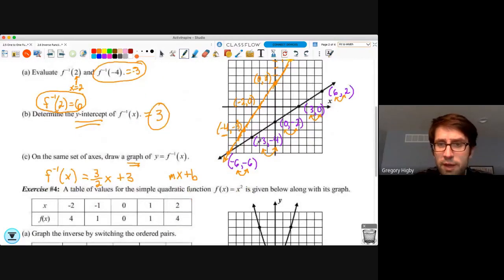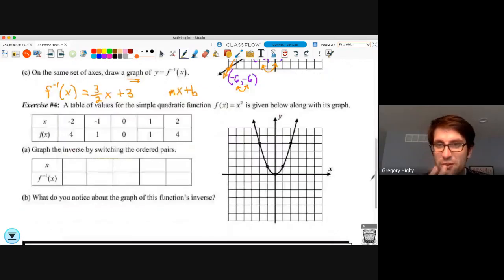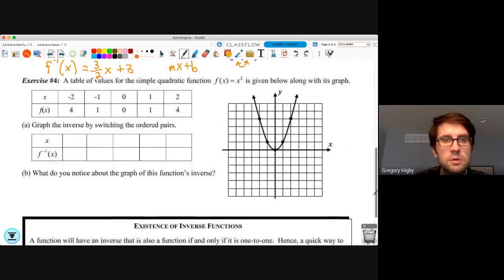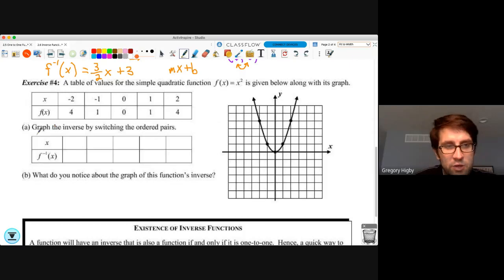Yeah, so as we move on to my last exercise, I think it's very helpful to recognize that all we're really doing is switching x and y's around. So if I were to ask you to do this, all I'm asking you to do is switch the ordered pairs. So for -2, I hope you recognize how I'm switching. I'm trying to hurry to keep this somewhat short of a video. I don't want it to be too long. And then for 2.